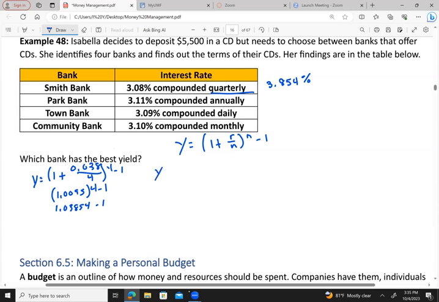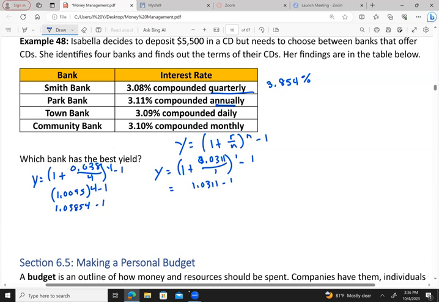Looking at our second one here, this one should be a little easier. Compounded annually, so n is just 1. So I have 1 plus 0.0311 over 1, to the first power, minus 1. 1.0311 to the first power minus 1.